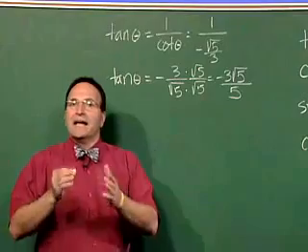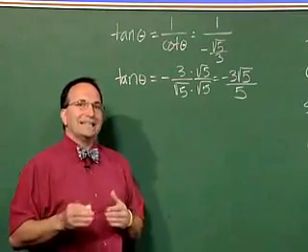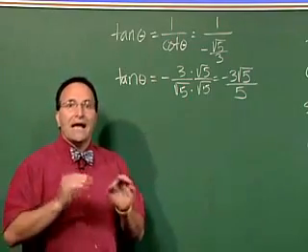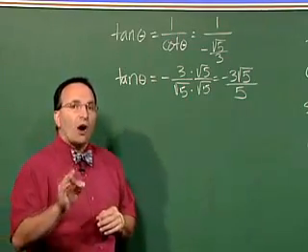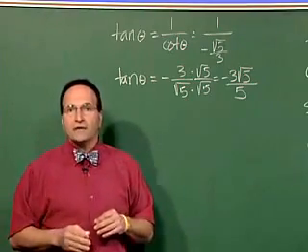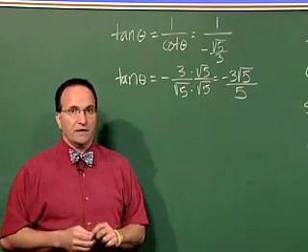All right. In the definition of the trigonometric functions, remember that r is the distance from the origin to the point x comma y. So r is a positive value. Now, if the point xy lies in quadrant 1, then of course x and y are both positive values as well.